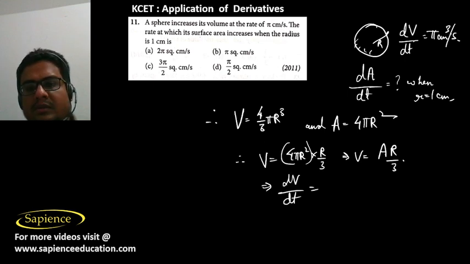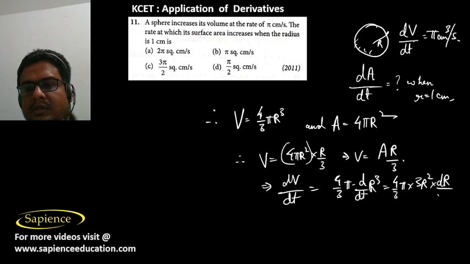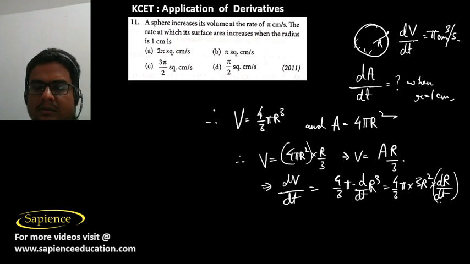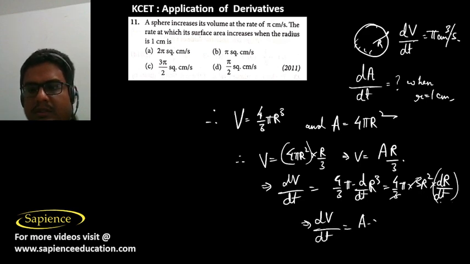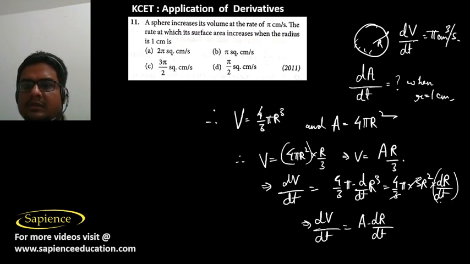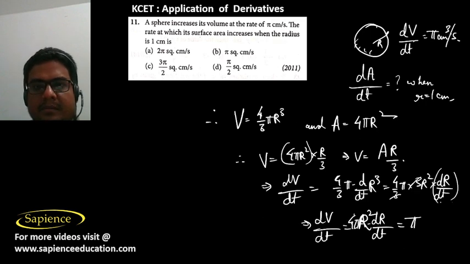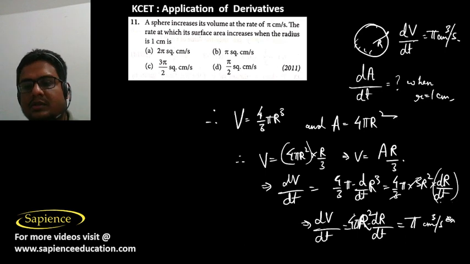You can say dV by dt equals 4 by 3 pi into 3 r square dr by dt, that is 4 pi r square dr by dt. So this is equal to the constant 5 centimeter cube per second, so 4 pi r square dr by dt is 5.